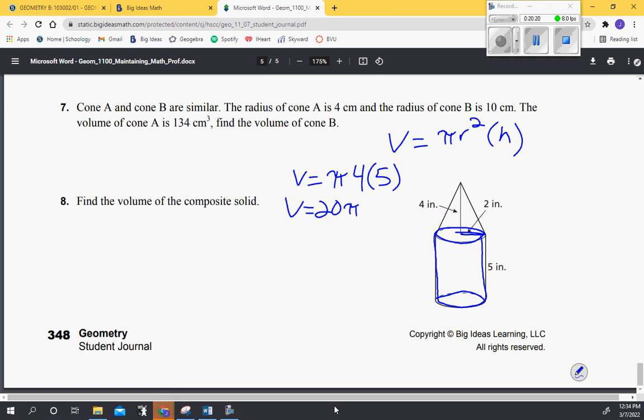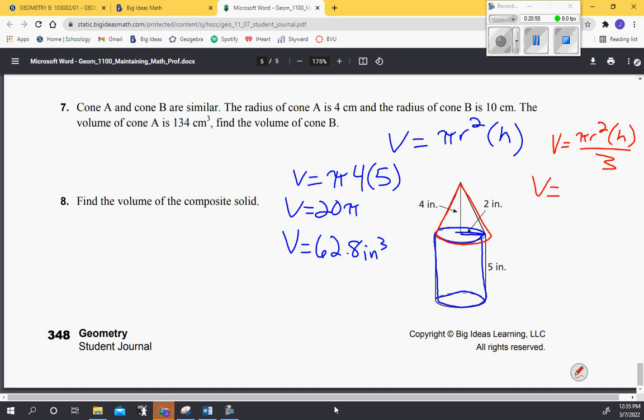Okay, 20 pi is 62.8. That's the blue shape. Next, we're going to focus on the cone. And the volume of that cone is pi r squared times height, but we divide it by 3.